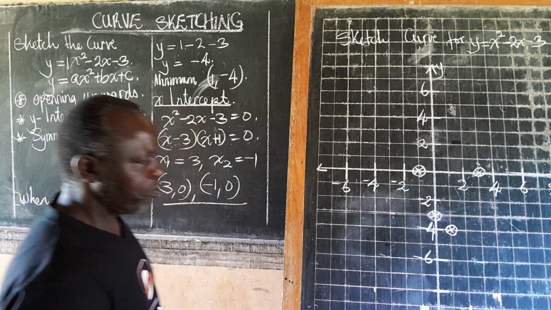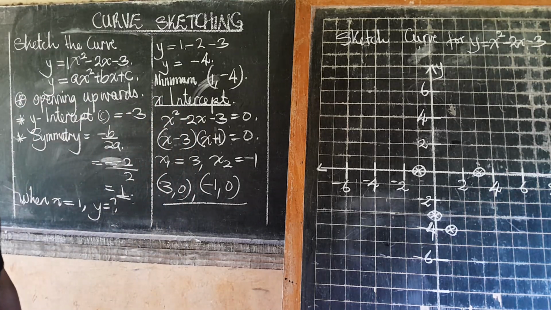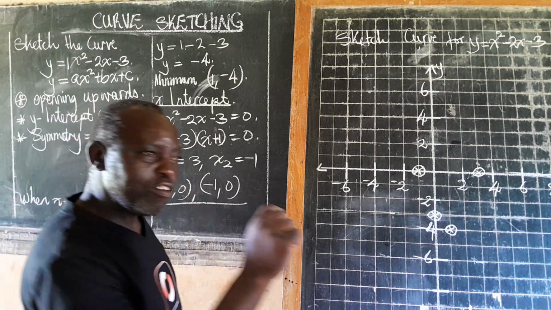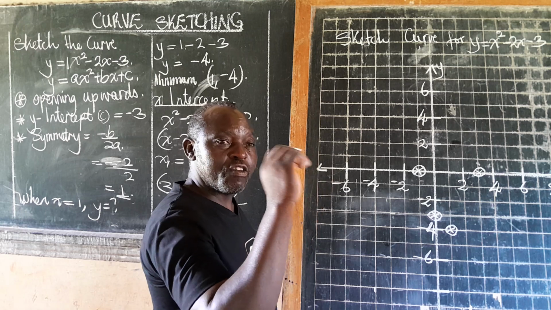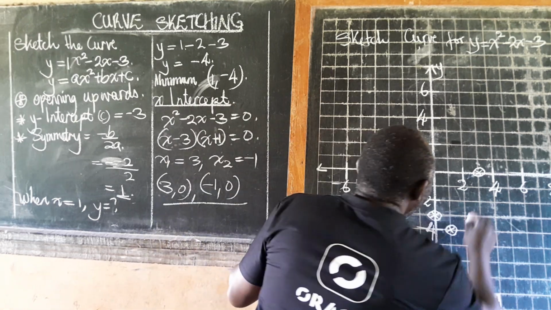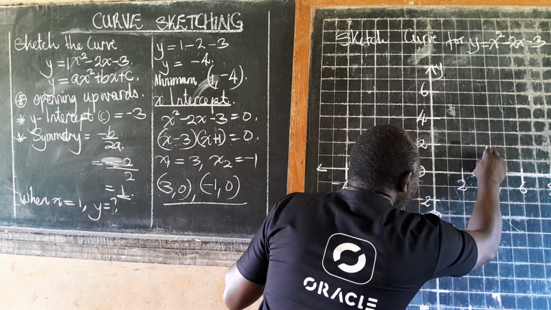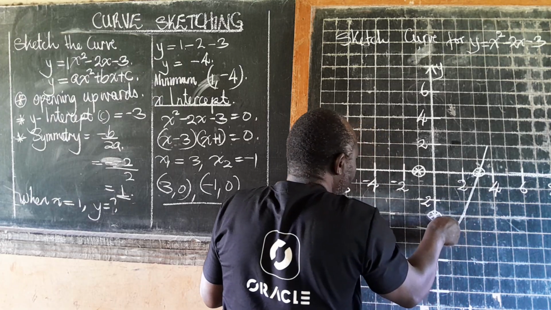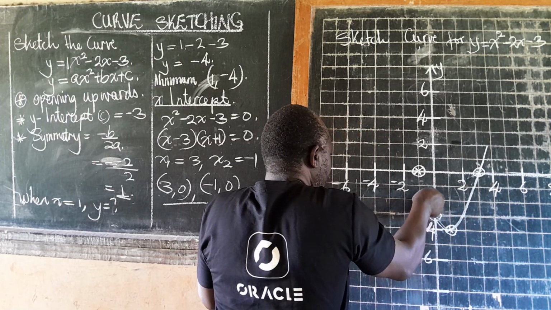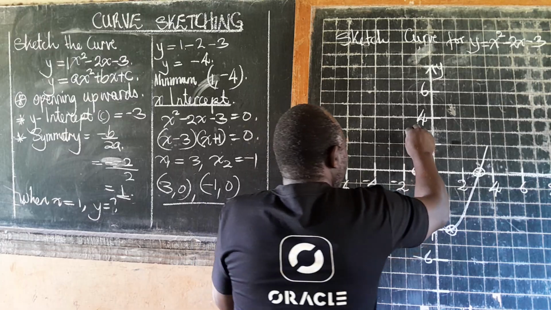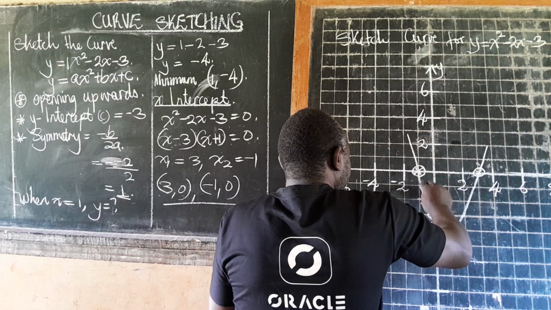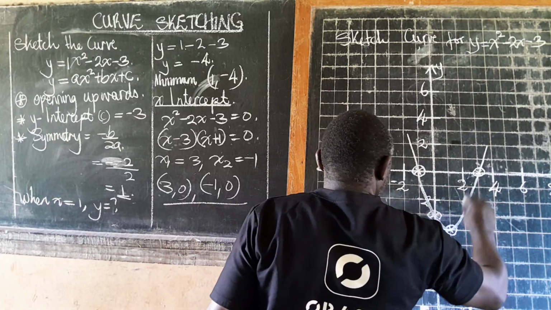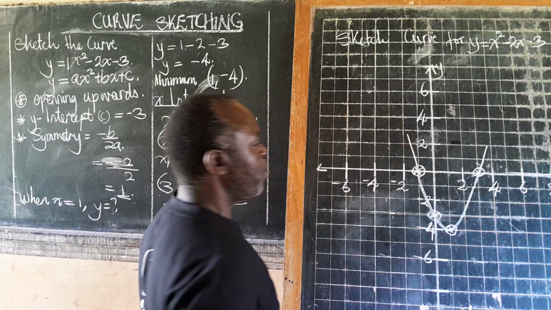It means that now we are going to draw our curve. When drawing a curve, don't forget, we don't use a ruler, we use free hand. We extend it, and it comes, and we have this. That is the curve we have.